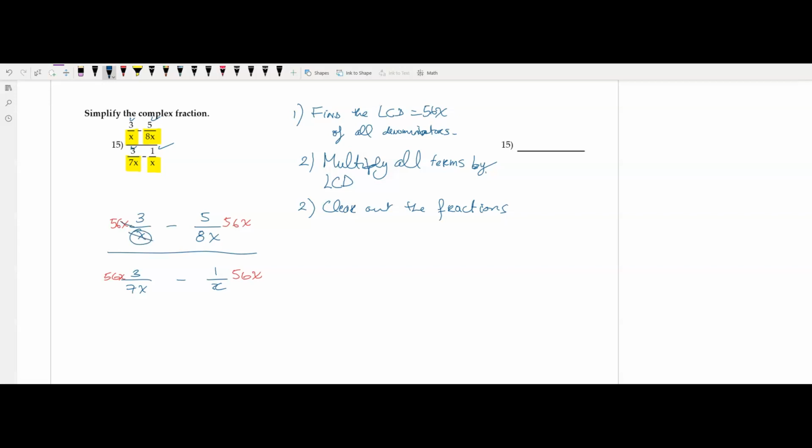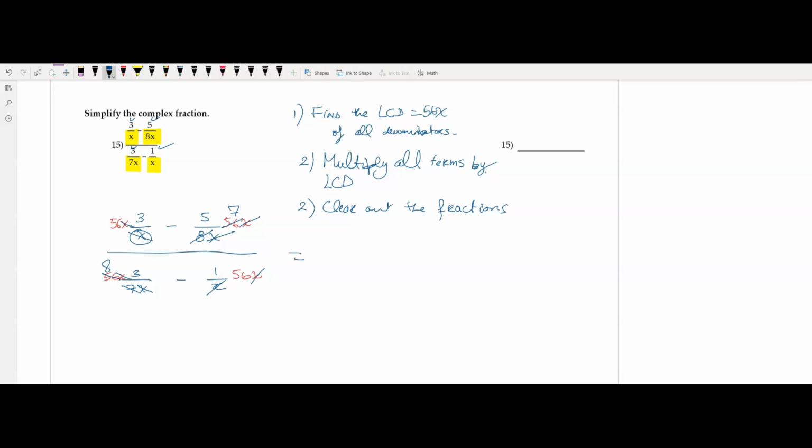Here, 56 divided by 8 is 7. The x cancels out. Here, 56 divided by 7 is 8. Again, the x cancels out. Here, 56 stays, and the x cancels out. So I've cleared out the fractions, or got rid of all the denominators.